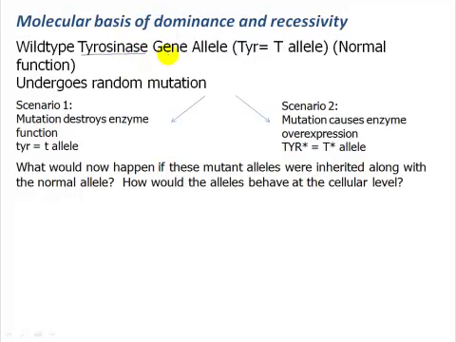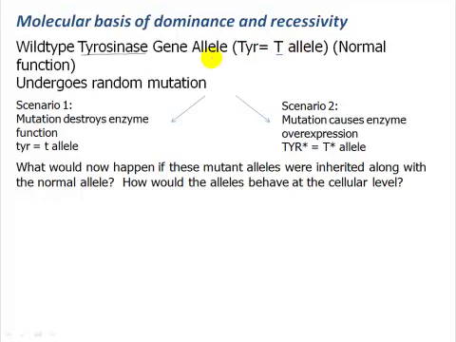So we know that if you have the wild type version of this tyrosinase gene, then you have a functional enzyme. You have a functional tyrosinase enzyme that's capable of kicking off that pigment production pathway. So let's represent that functional allele of the tyrosinase gene, which is symbolized as TYR, T-Y-R, by this capital T symbol for allele. So this is our wild type normal function allele.